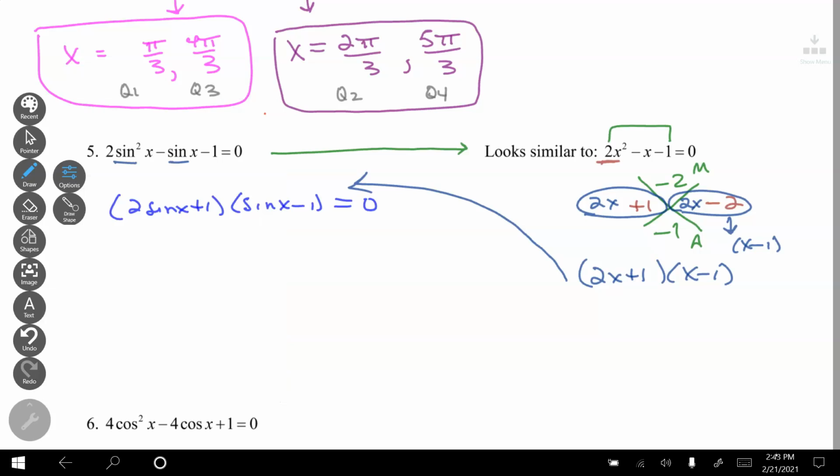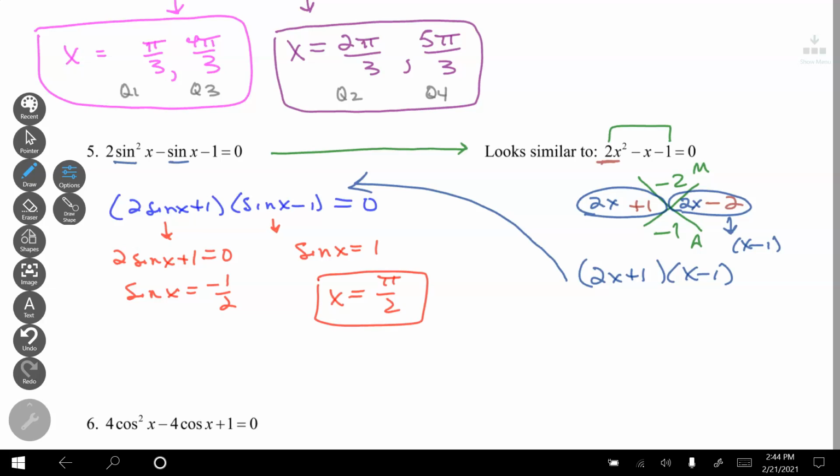I set each of these equal to 0. 2 sine of x plus 1 is equal to 0. Sine of x is equal to, subtract 1 divided by 2. And I get sine of x is equal to positive 1. Well, when does sine equal positive 1? That's at the top of the circle, pi over 2.